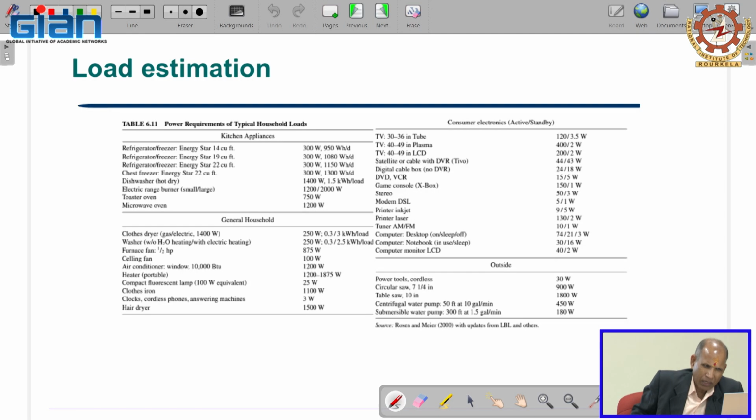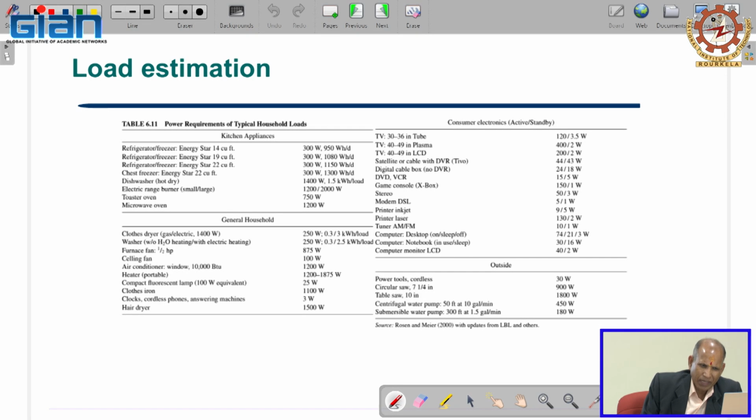Then microwave, general households like the clothes washing machine, ceiling fan, air conditioner, heater, hair dryer, television, printer, in office printer, computer, laptops.